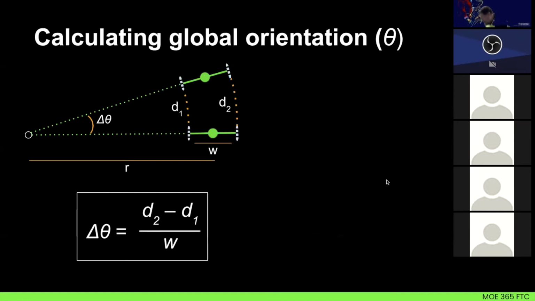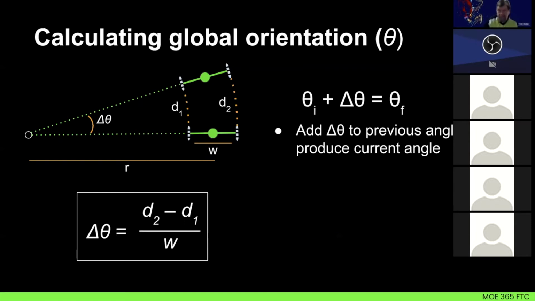Now what we want to figure out is how to calculate our global orientation from this local orientation. In other words, how do we figure out the angle of the robot relative to the field from this change in theta? We can think about this as a continual sum, a continual process of adding the previous delta theta to the previous angle to produce the current angle.